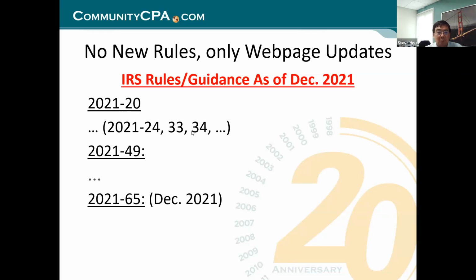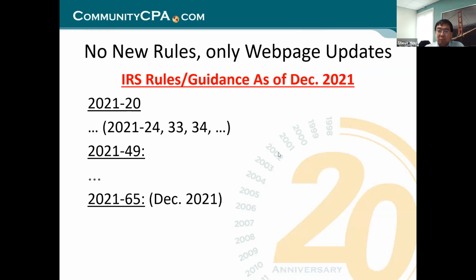There are some other publications related to ERC as well, and in some cases you may need to refer to other ones, but these are the three most important ones. And there has been no change after December 2021. There are no new laws or new rules in 2022 or 2023, either in the law or the rules.